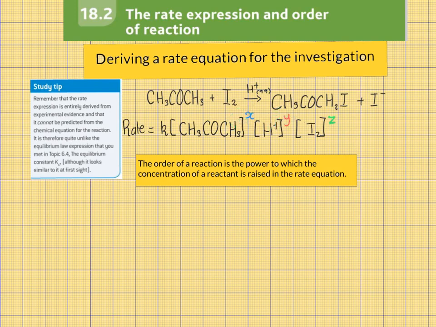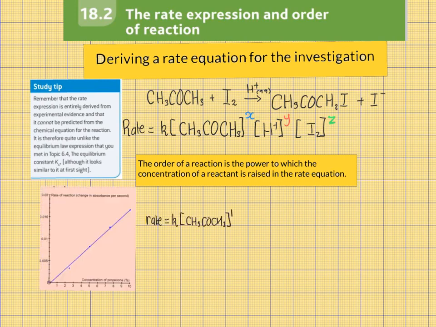So let's look at our experimental data again. We found that when we plotted a graph of the concentration of propanone versus the rate, we got a straight line, and therefore it's directly proportional, and therefore the order of reaction with respect to the concentration of propanone is 1. We say that x equals 1 and we say that the reaction is first order with respect to the concentration of propanone.